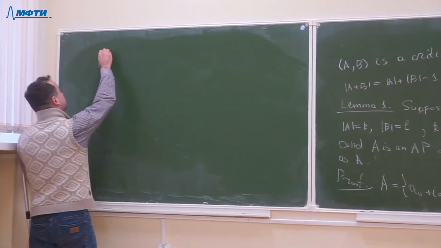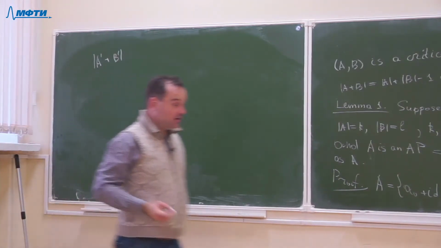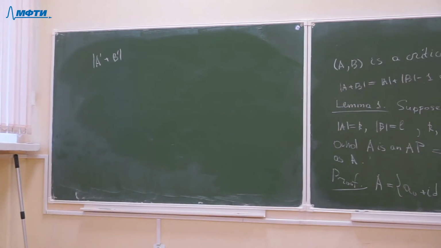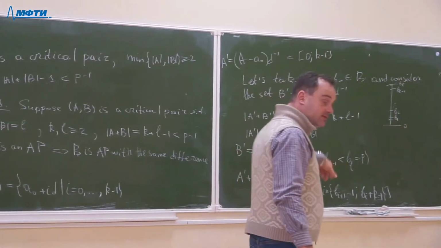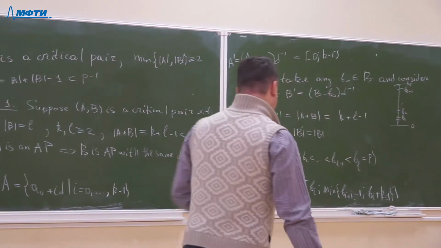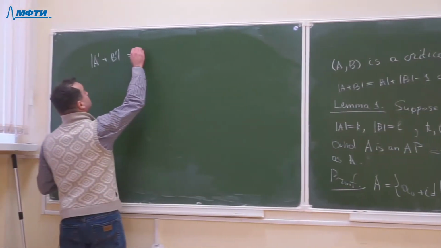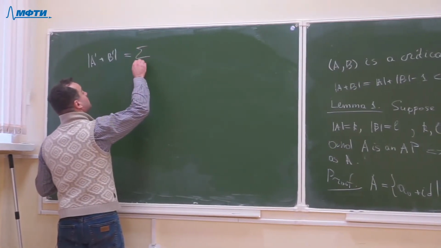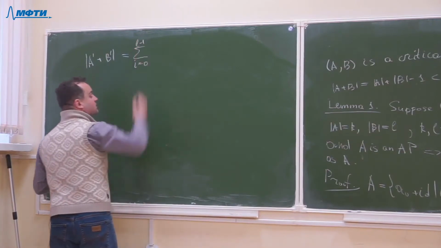This means, as these intervals are not intersecting, that A prime plus B prime, the cardinality, is the sum of lengths, the cardinalities of these intervals. So this is a sum for I from 0 till L minus 1.